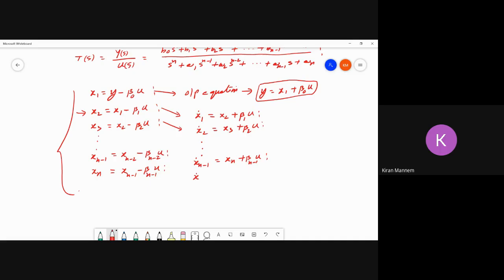The last one is always from the time domain equation.